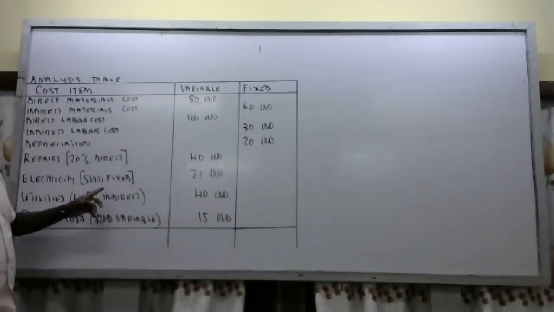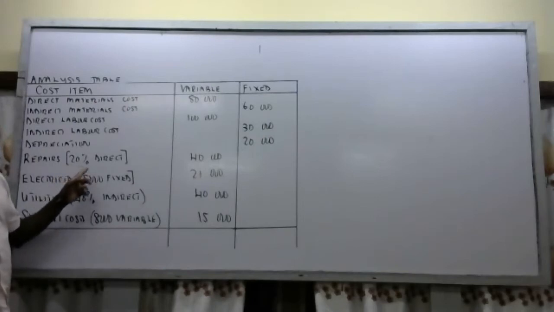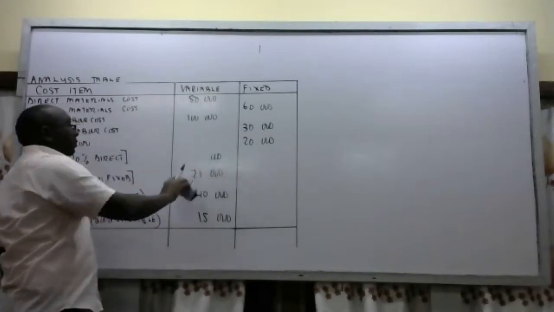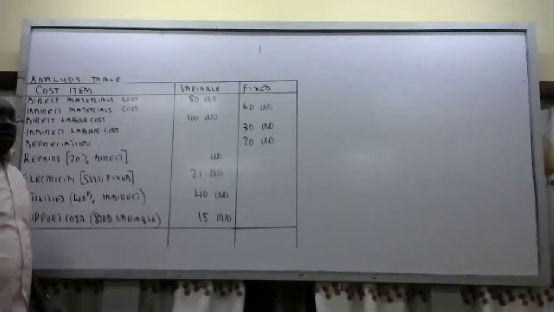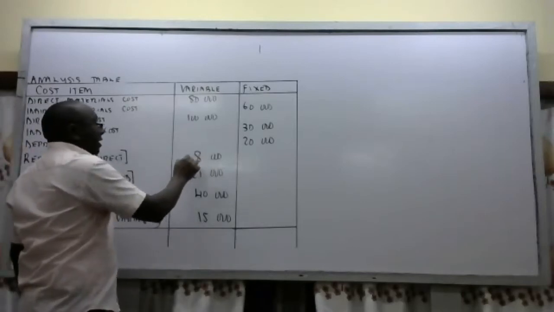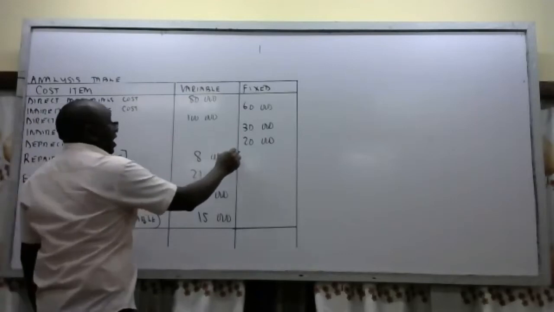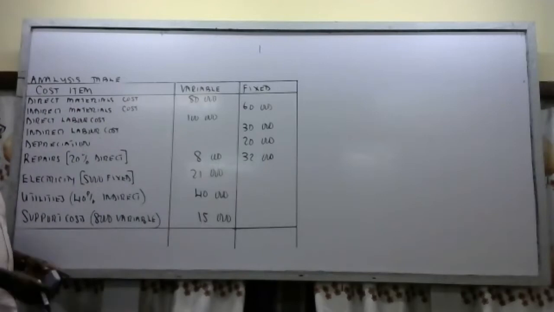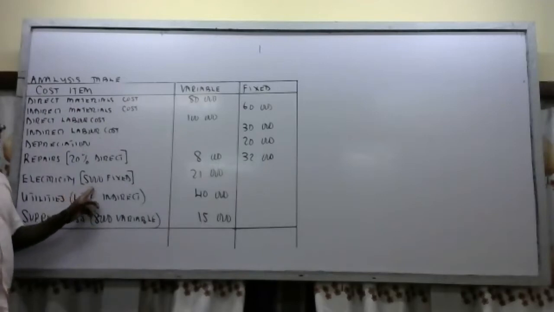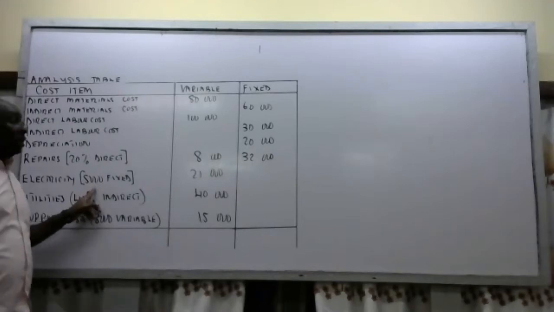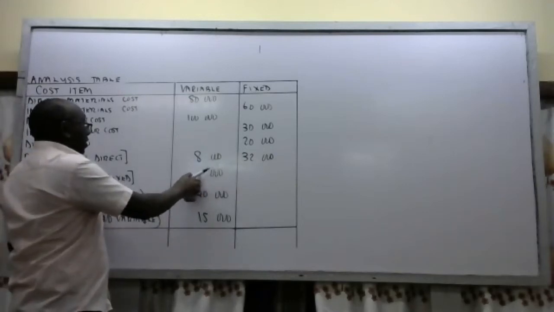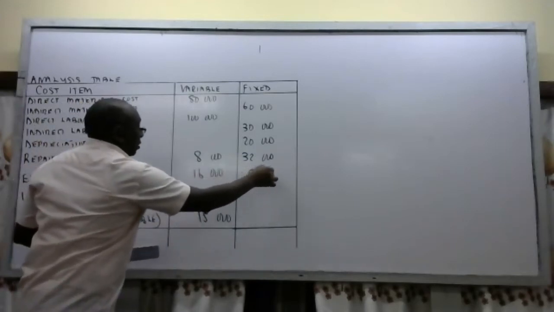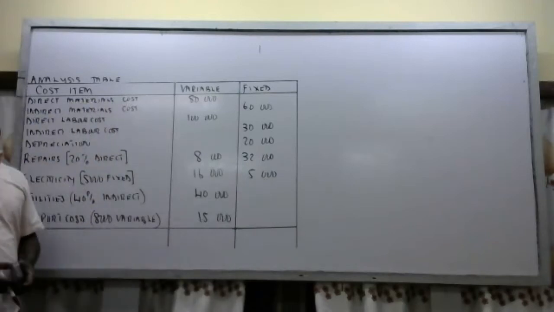Then this one, take a calculator and get 20% of 40,000. 20% of 40,000 is 8. So 8 is the variable. So that means to make sure that 2 being what? Fixed. And then for the electricity, 5,000 is fixed. So the variable one then must be 16. So that when you add the 5,000 that is fixed, you go back to 21.